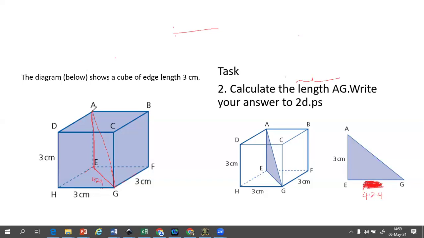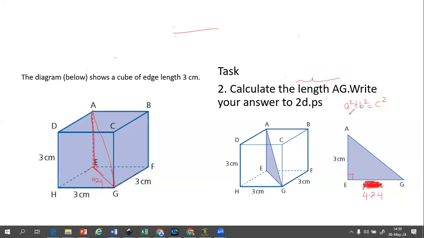And when you look at this line A, E to G, we are forming a 90 degrees there. Still we use the Pythagoras theorem. We say A squared plus B squared is equal to C squared. However, one thing I want you to start adopting is that once your triangle has the letters already, use the letters that are there.